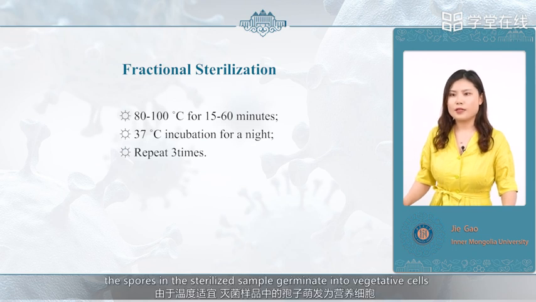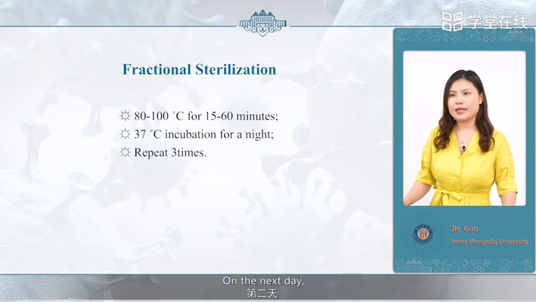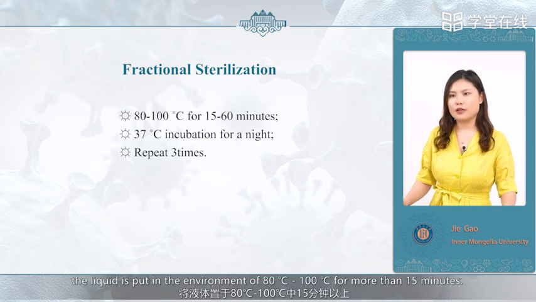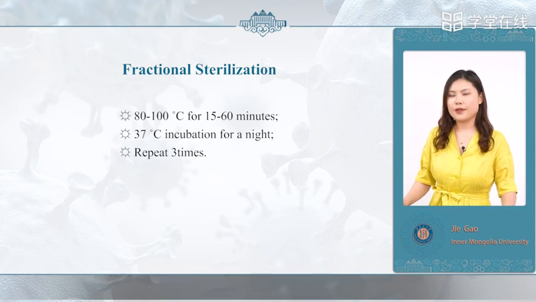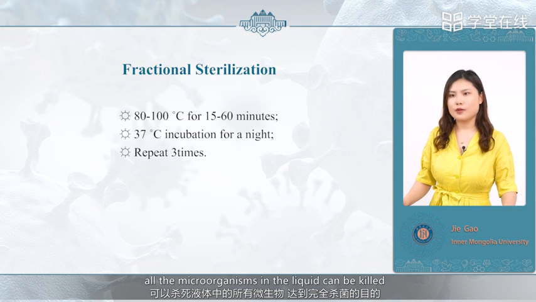At this time, the spores in the sterilized sample germinate into vegetative cells because of the suitable temperature. On the next day, the liquid is put in the environment of 80 degrees to 100 degrees for more than 15 minutes. If repeated 3 times, all the microorganisms in the liquids can be killed to achieve the purpose of sterilization.